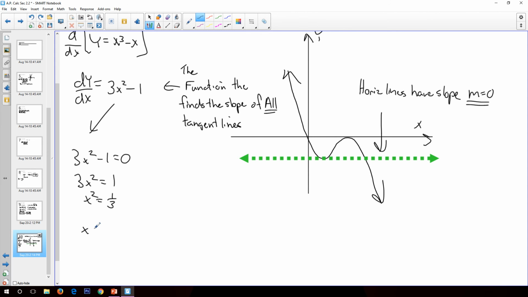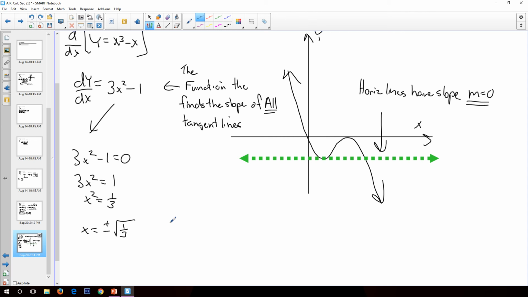And then I can say x is equal to plus or minus the square root of 1/3. Yeah, that works. And so I am going to have relative extrema.